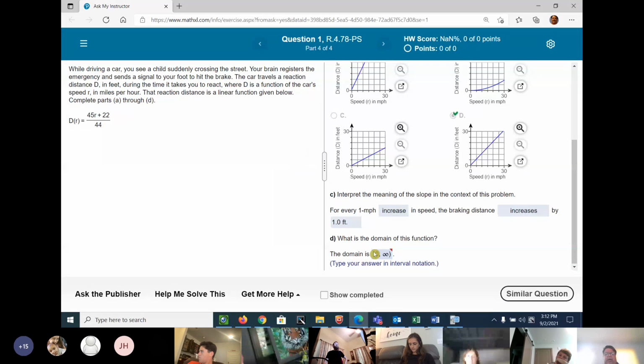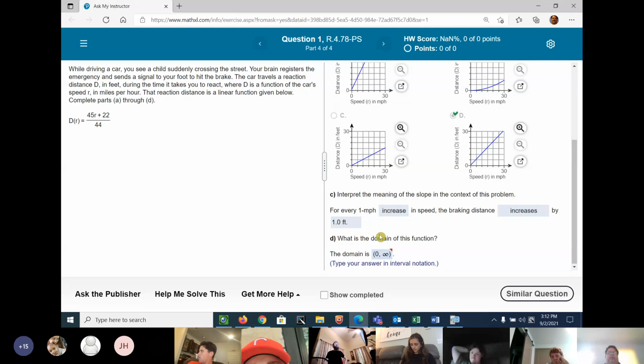Now, the reasoning behind that parenthesis is that you're not at a reaction distance at 0 miles per hour. So that may be why they're putting a parenthesis on 0. So, potato, potato, are you moving? No, you're at 0 miles per hour.